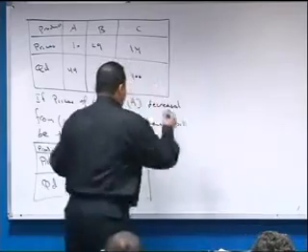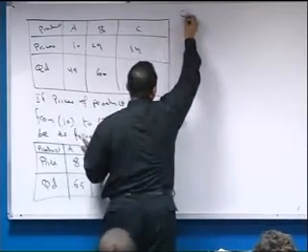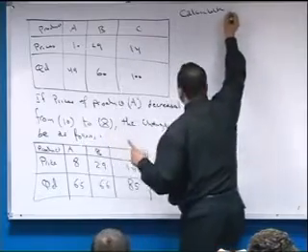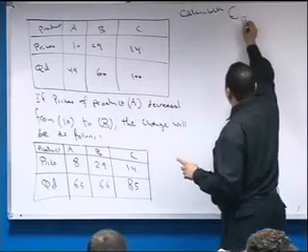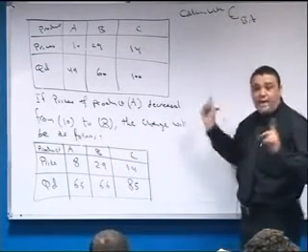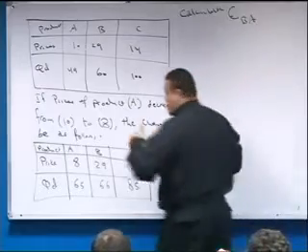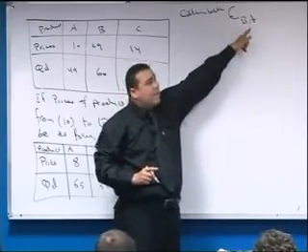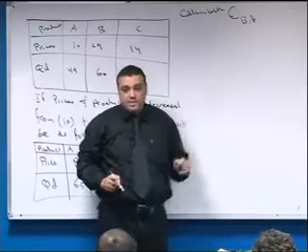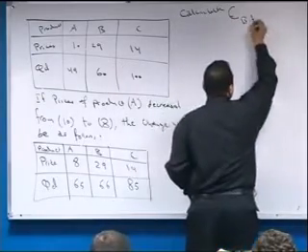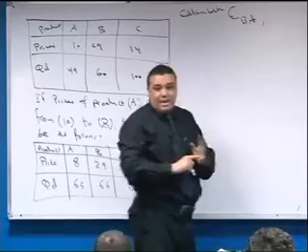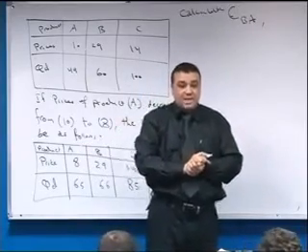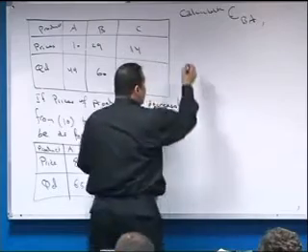So the question is, calculate the cross price elasticity of B compared to A. So EBA. And then we are going to state the relationship between the product B and A and the level of elasticity. Right?